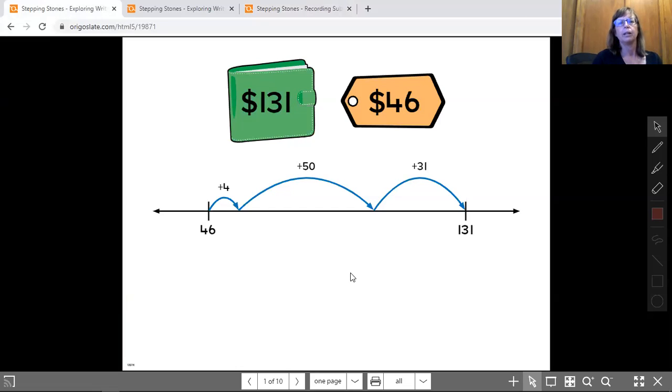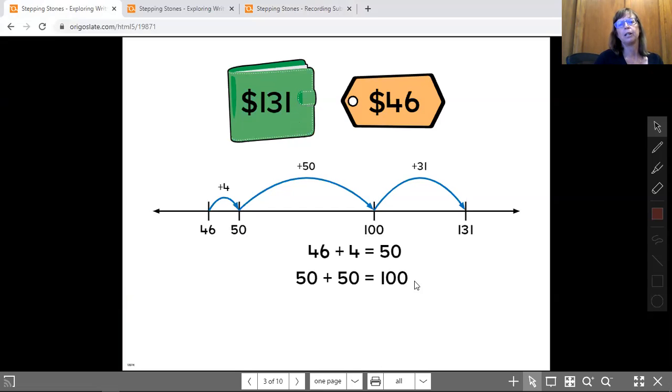Okay, now we've got 131 and we're going to start at 46 and add bits on. So from 46, we're going to add on 4 to get to 50. Then our next step will be to get to 50 plus 50 gives us 100.